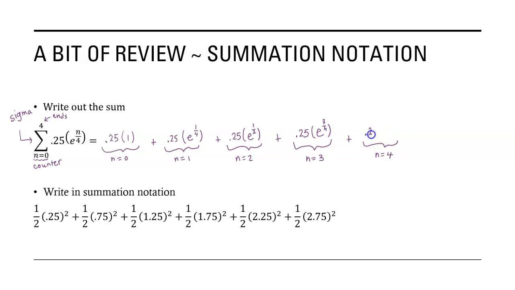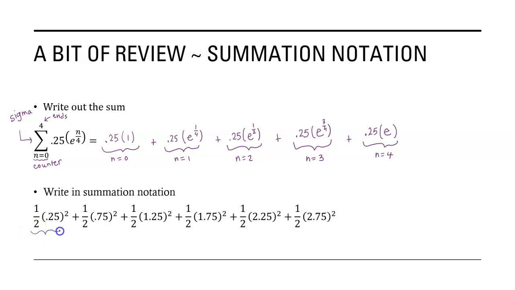And then my last term would be 0.25 times e to the 4/4, which is 1, so just times e. If I had a calculator, I could add those things up, but the point is this big long string of addition is equivalent to that sigma notation. You should be able to go back and forth between the sigma notation and the big long string of addition.